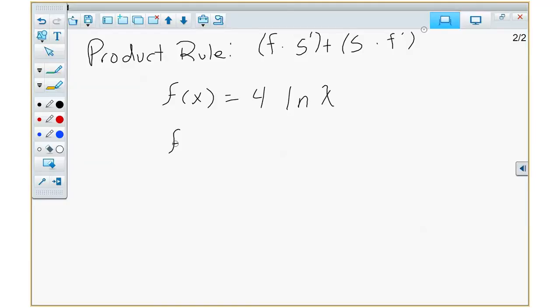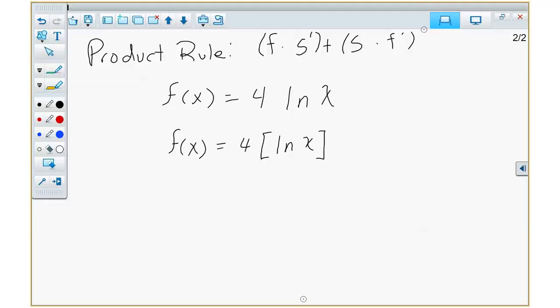F of x is equal to 4, and then in brackets, natural log of x. Well, remember when I told you that you could pull out the constant and you don't have to deal with it as far as the derivative? Remember me telling you that? Back when we were pulling out the 200 and I said you could distribute it and get the same thing? Well, that's what I'm doing here.